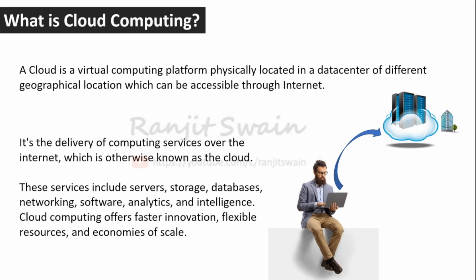A cloud is a virtual computing platform physically located in a data center in a different geographical location, which can be accessible through the internet. It is the delivery of computing services over the internet, otherwise known as the cloud. It's a very simple definition.